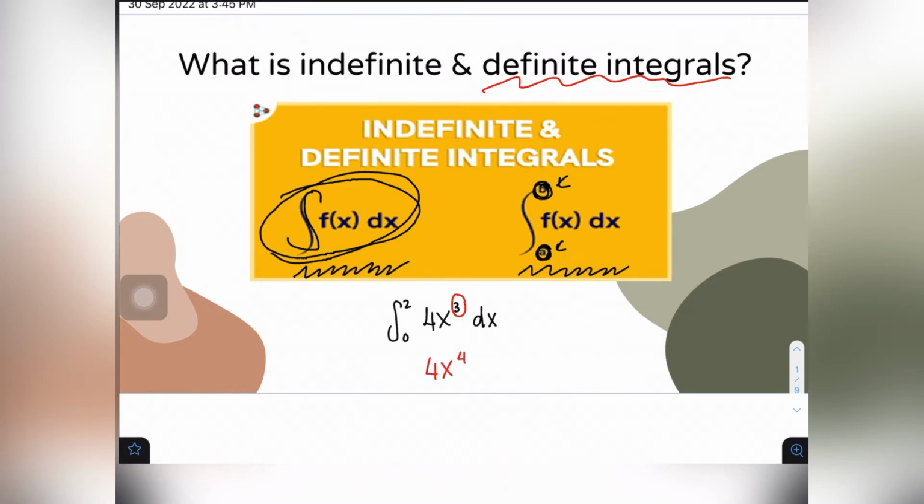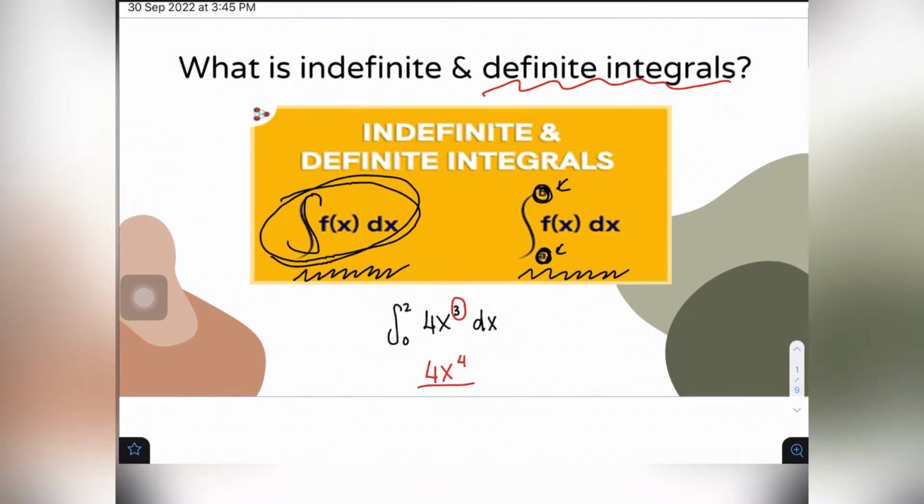The second step, you need to divide everything by the new power, which is 4. For your information, whenever you are doing a definite integral, there is no more plus c. Plus c is only put when we are doing indefinite integrals.